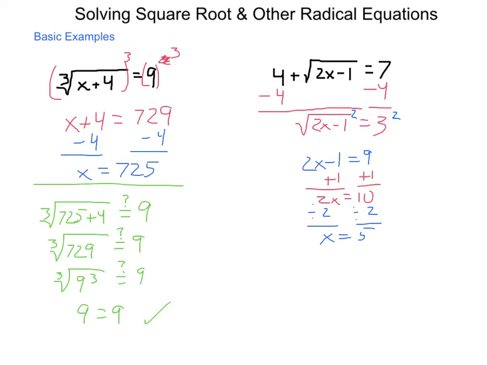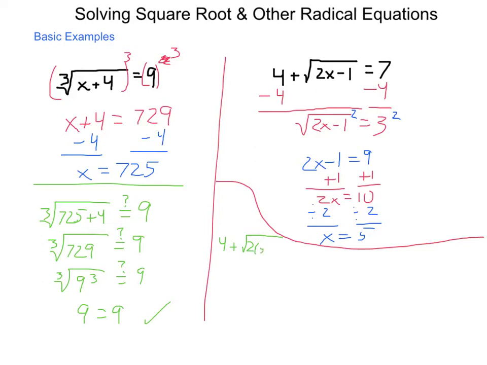Now again, I want to check to make sure that this works. So I'm going to go 4 plus the square root of 2 times 5 minus 1. I want to know, is that equal to 7? So I begin simplifying my left-hand side.